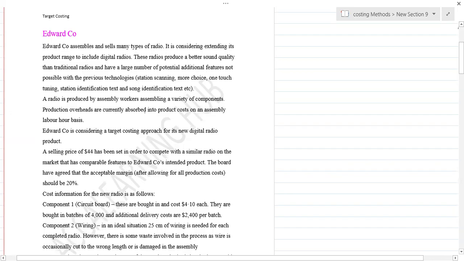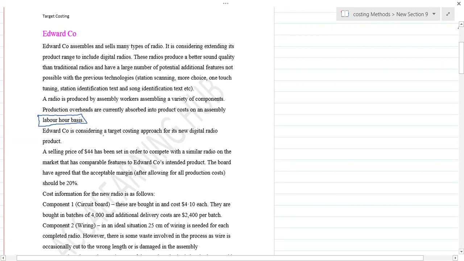Production overheads are currently absorbed into the product on assembly labor hours. Now, the very important information about the factory overheads: the absorption rate is based on direct labor hours.